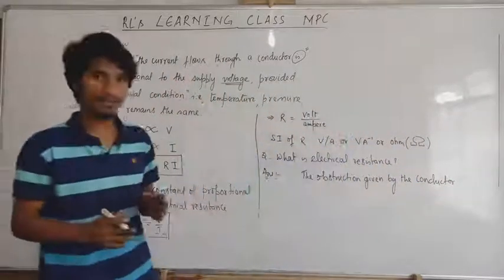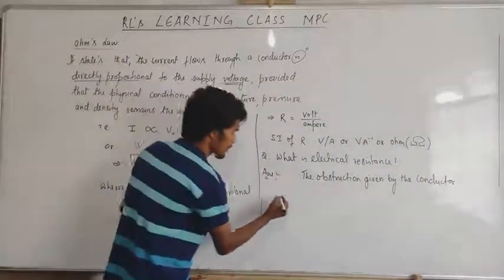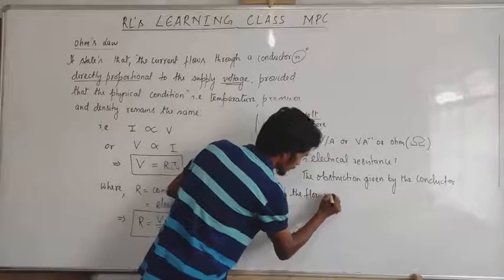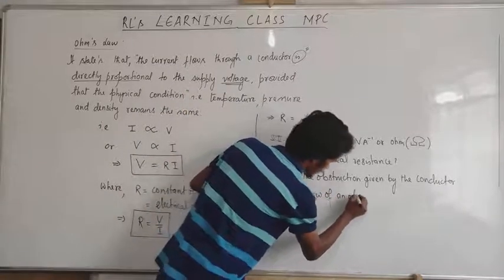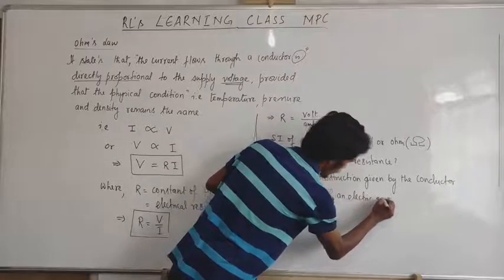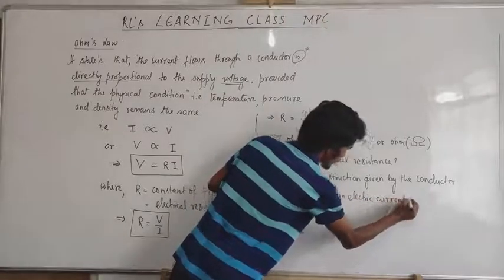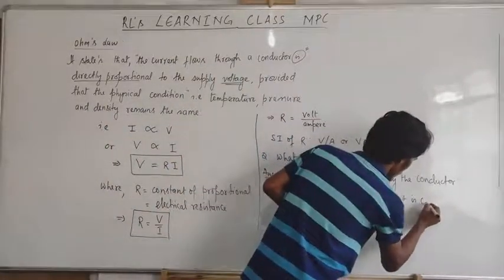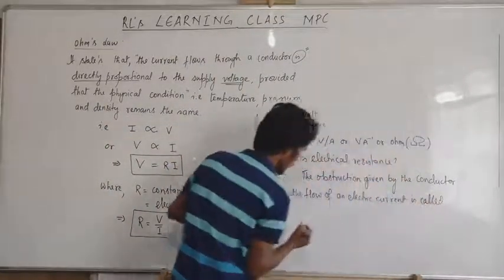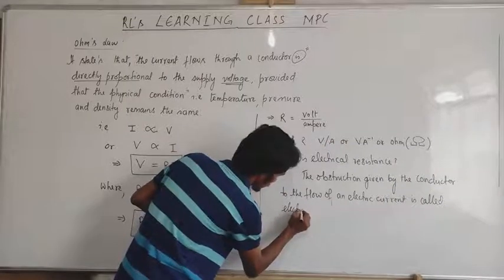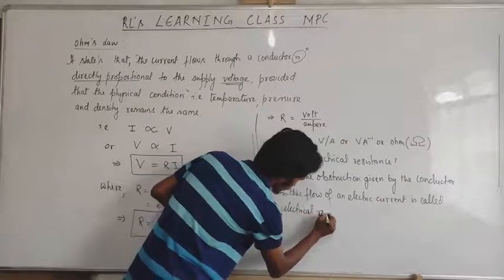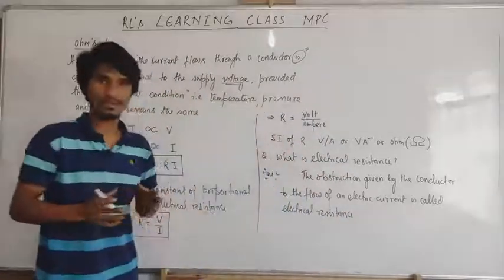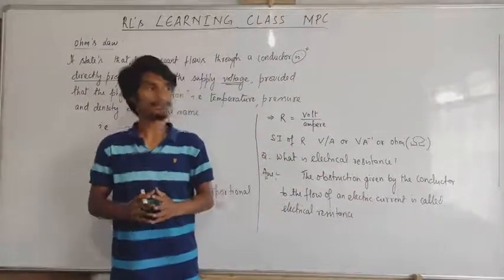The obstruction given by the conductor to the flow of an electric current is called electrical resistance. If they ask for the definition of electrical resistance, this definition will be enough.